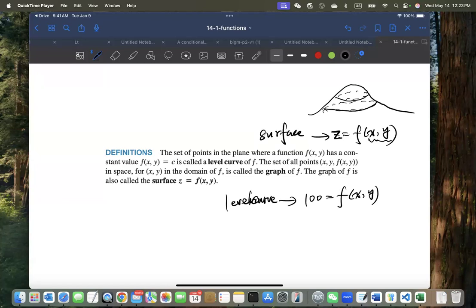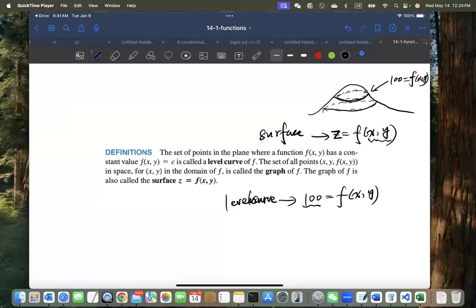Level curve means all those hiking trails which maintain the same height, for example a height of hundreds of meters from sea level. So suppose this is 100, so z equals 100 equals f(x,y).